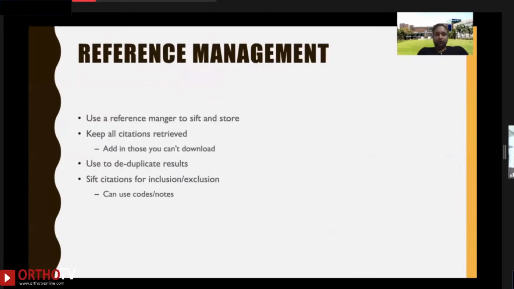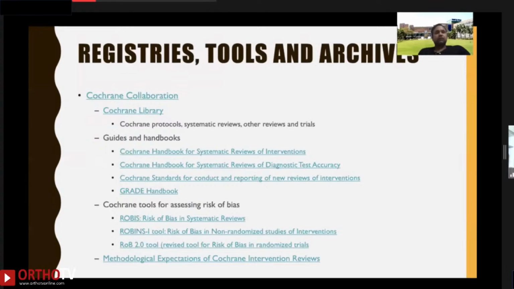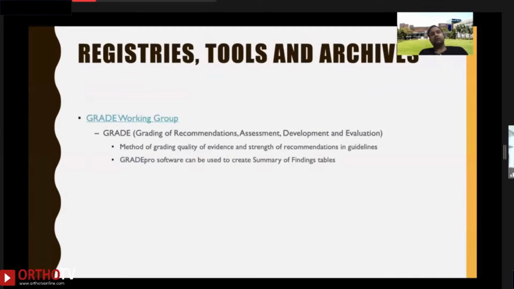You should use a reference manager for sorting out all the articles and keeping all citations retrieved. Sometimes articles can be duplicated, so you use it for deduplicating them, and you can also use quotes and notes. There are various registries, tools, and archives available which can help you in reducing the risk of bias in your systematic reviews.